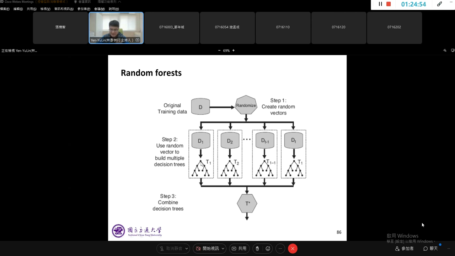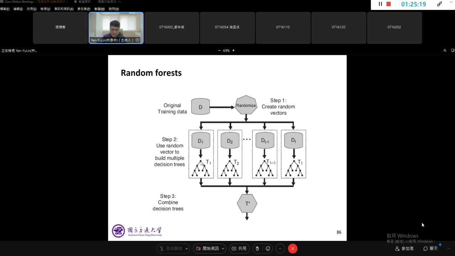According to the selected attribute, we can choose the attribute with the maximum information gain to construct the tree. Please notice that for each decision node, it has its own randomly selected attribute.